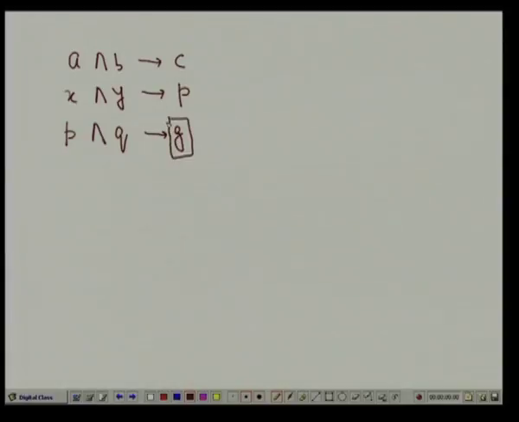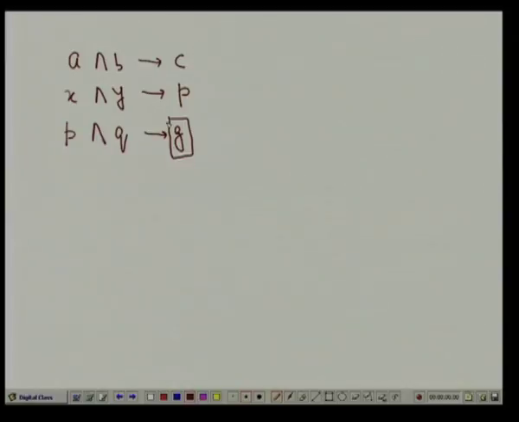Say I have got a rule A and B leads to C, X and Y leads to P, and P and Q leads to G, which is my goal.